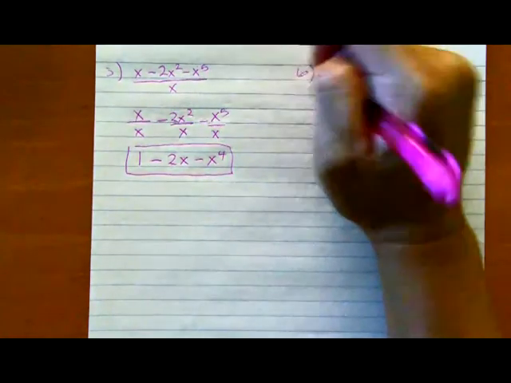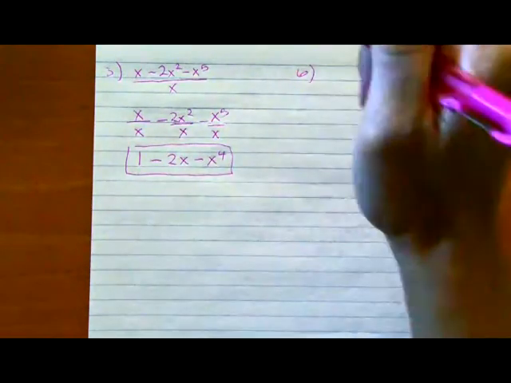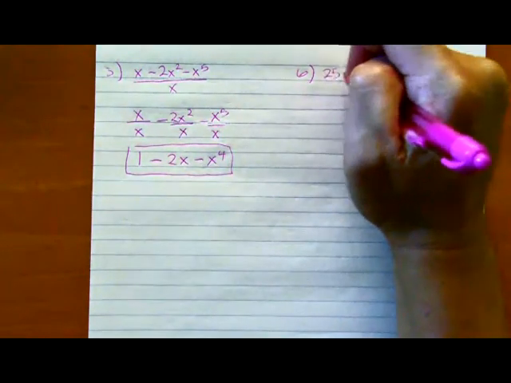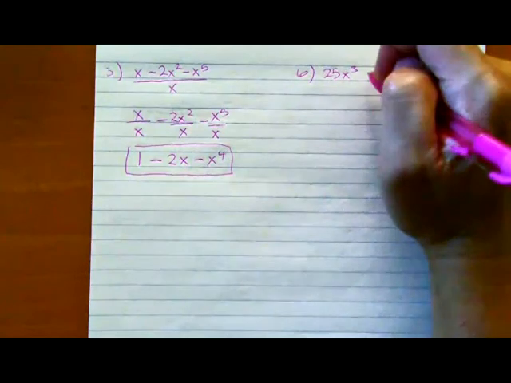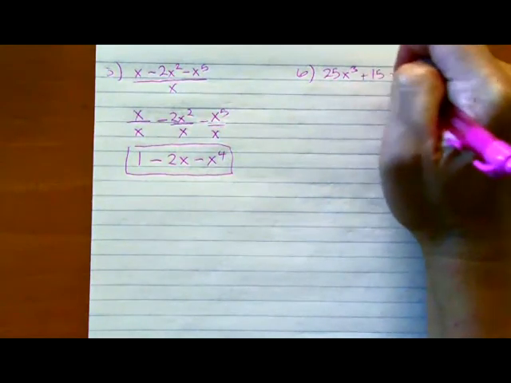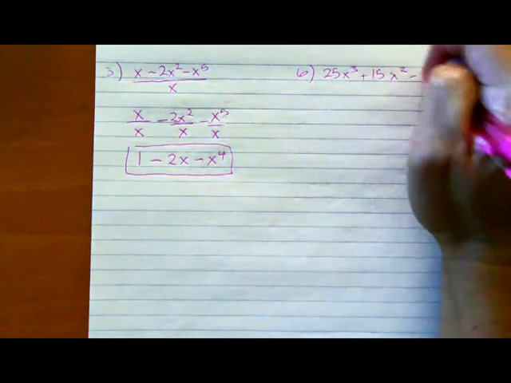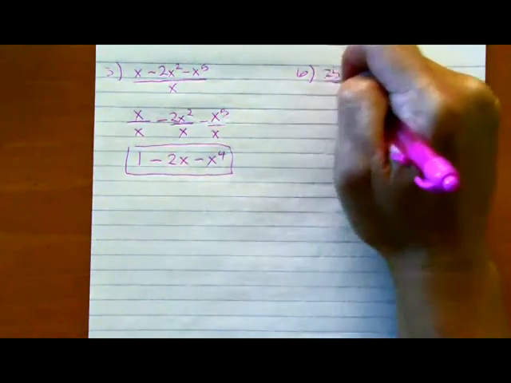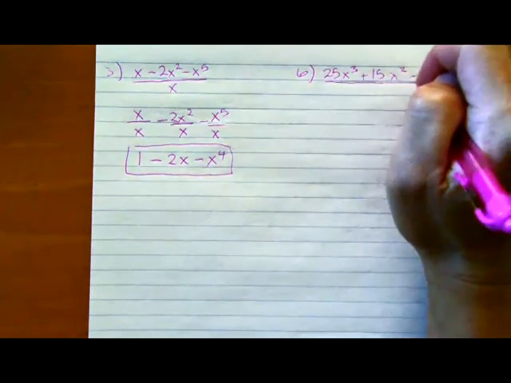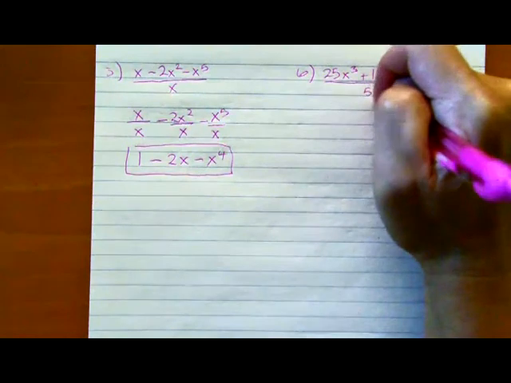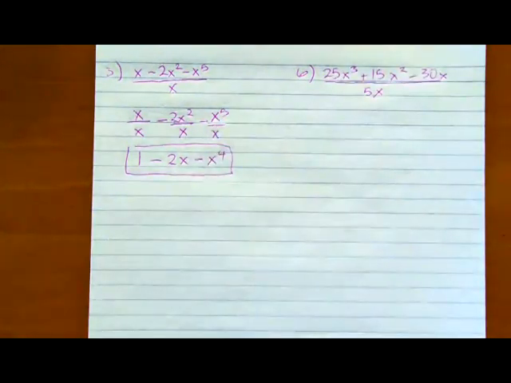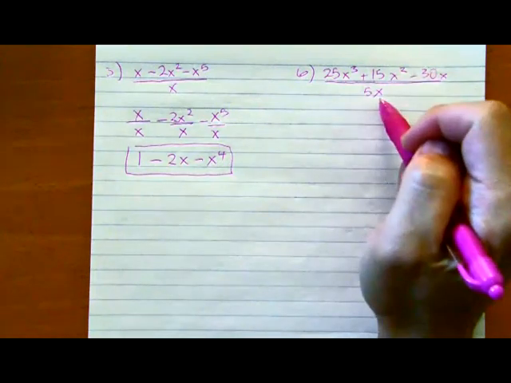Number 6. I'll use x again. 25x to the third plus 15x to the second minus 30x divided by 5x. Okay, again, we're not going to factor any of these problems. It's just division. So we're dividing by a single term again, 5x.